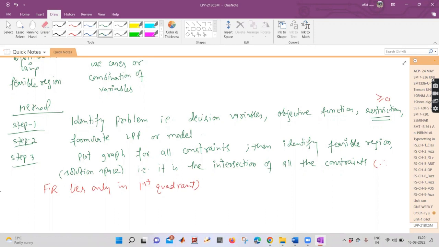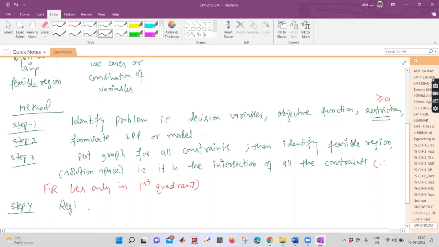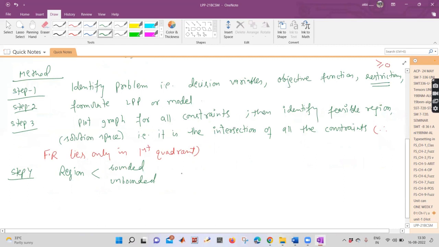After this, what would be my step 4? When we have plotted this, the region we have attained could be bounded, and it could be unbounded also. Then you need to compute the coordinates of all the corner points of the feasible region.